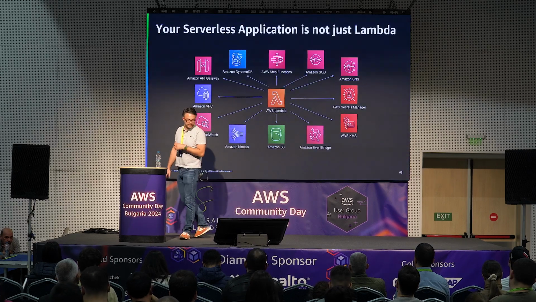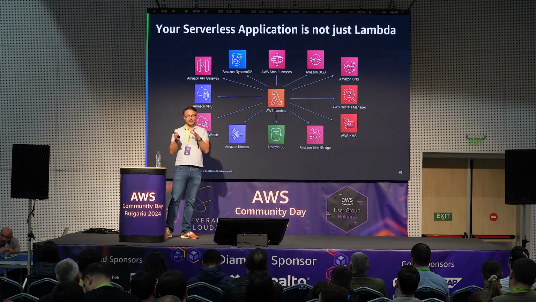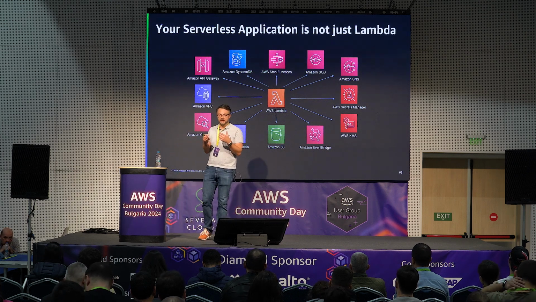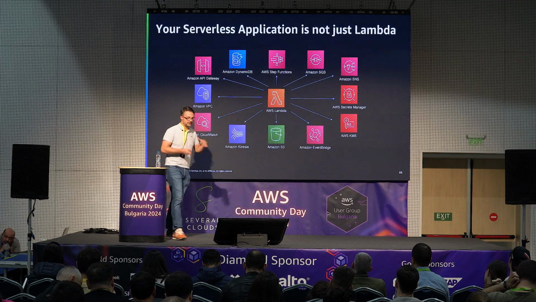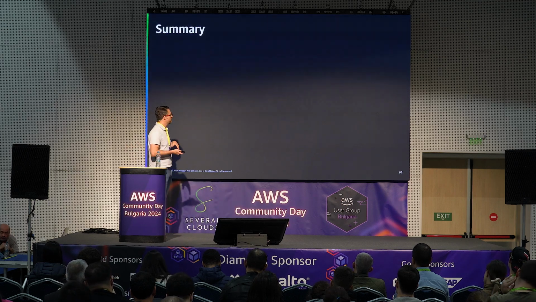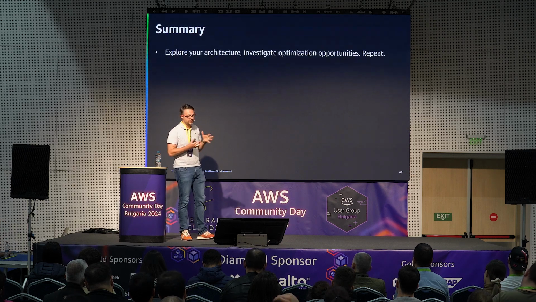So to summarize, of course, you need to focus on Lambda and optimize a lot of things with Lambda for your serverless applications. But remember that it's a bigger picture and you may spend more on different other services.